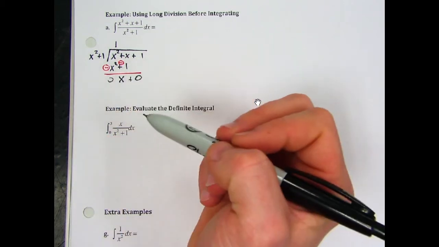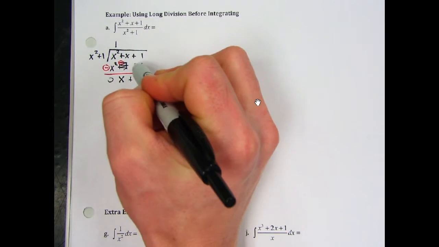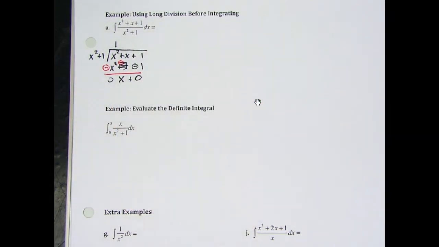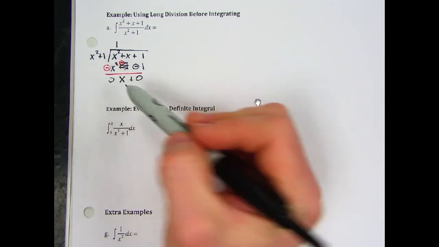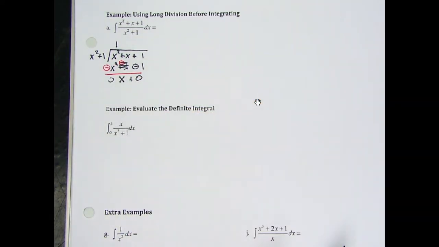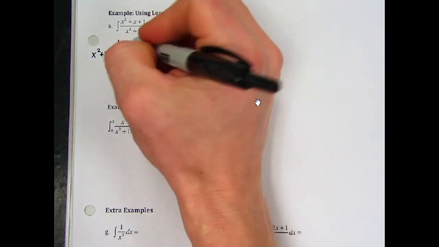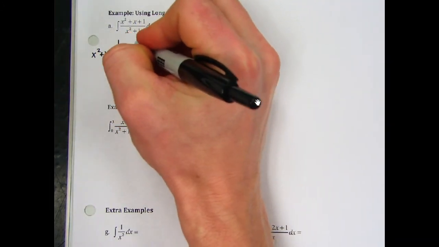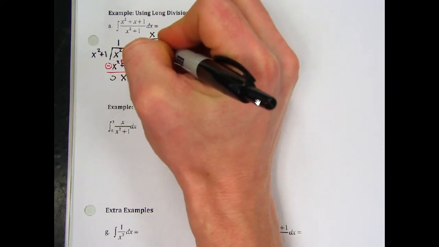So really we could have just written the minus 1, lining it up with the like terms. So now, how many times does x squared go into x? 0, right? And so what we do here is we just take our 1 plus x over x squared plus 1.